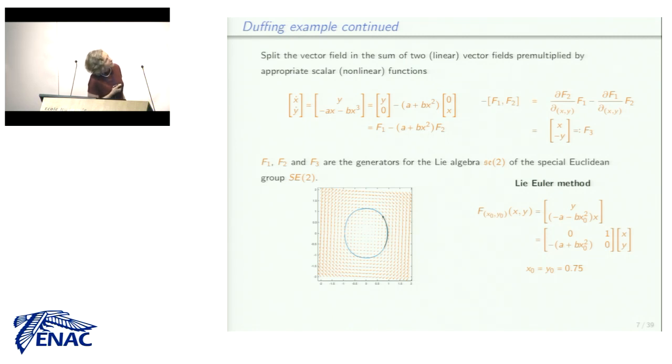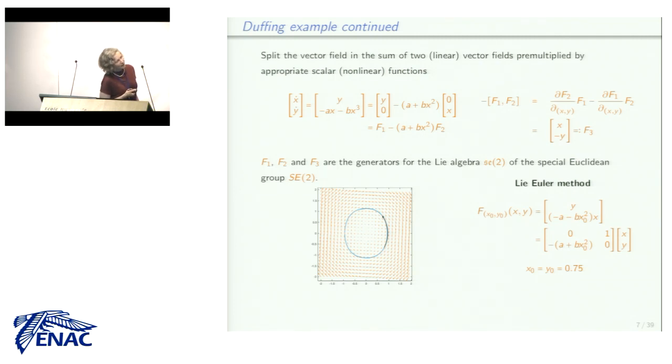And we look at the commutator of these two vector fields, and these two are not commuting, okay? So these three vector fields generate a Lie algebra. If you take commutators, you can see that this is the Lie algebra se(2).